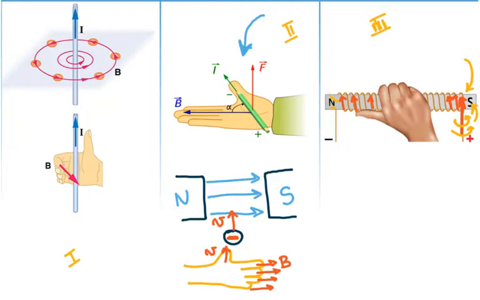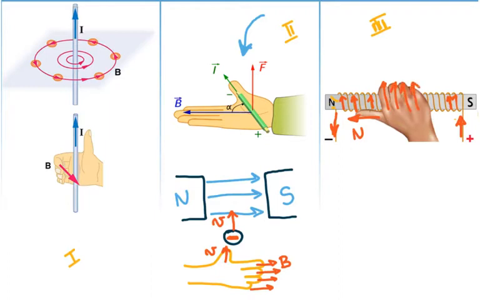So what I want you to remember is, in order to determine the polarity of the temporary magnet, or the coil, what you have to do is place your right hand, like the picture shows you, where the thumb is going to show the north side of the coil, and your fingers aligned with the direction of the current.